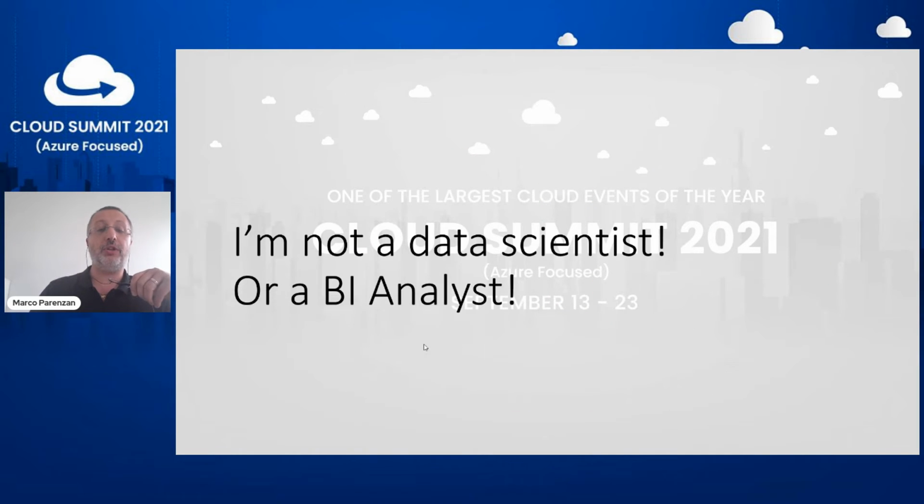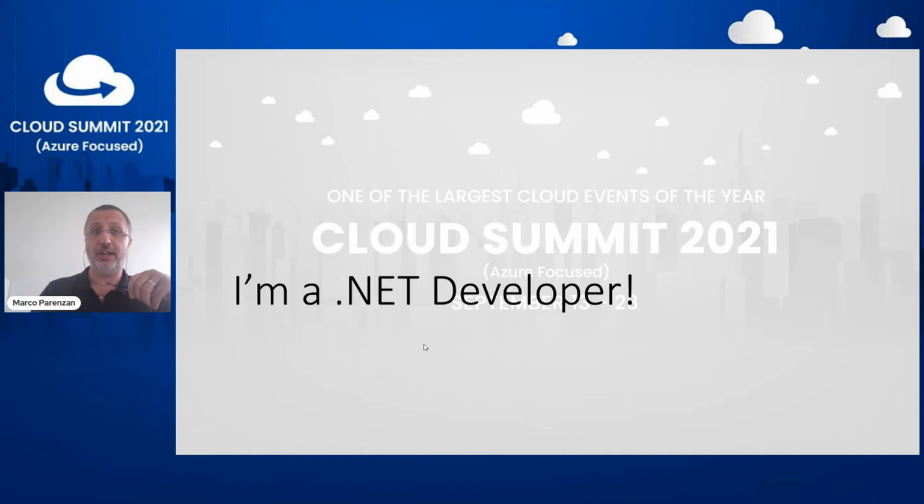Again, as I told you, I'm not a BI analyst, I'm not a data analyst, I'm a .NET developer, and we can say we are alone. Think of this kind of project as inside an IoT enablement project where there is no specific focus on the data. In general, there is no specific budget for analysis.